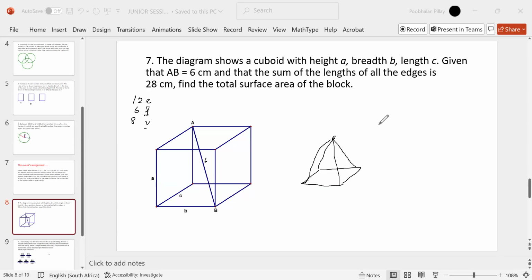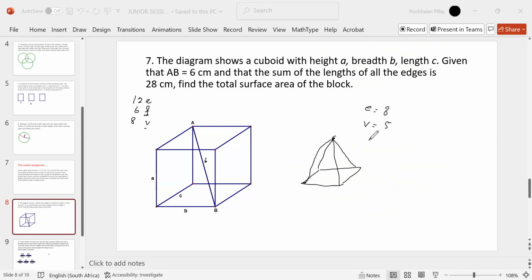Here, the edges: 4 edges at the top, 1, 2, 3, 4, and 4 edges at the bottom. And then the vertices, you've got 1, 2, 3, 4, 5. 5 vertices, right? That's V.